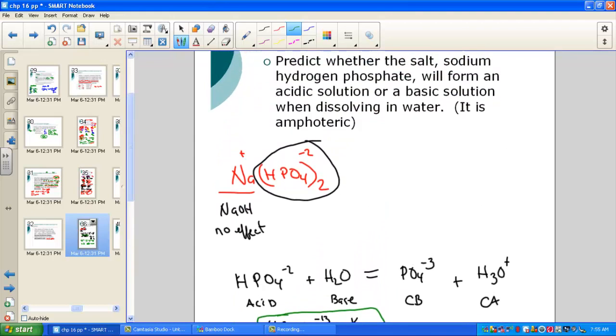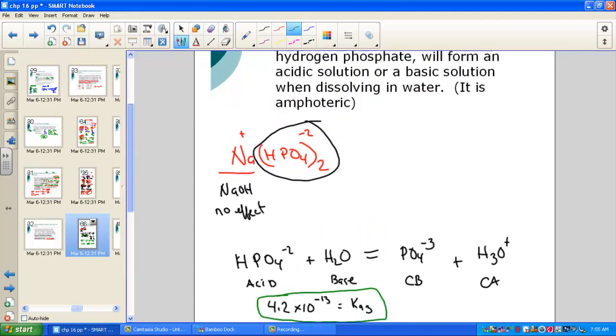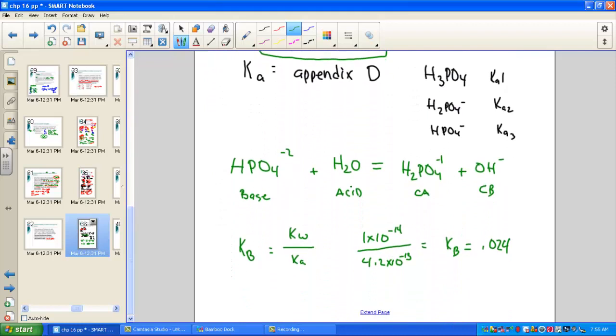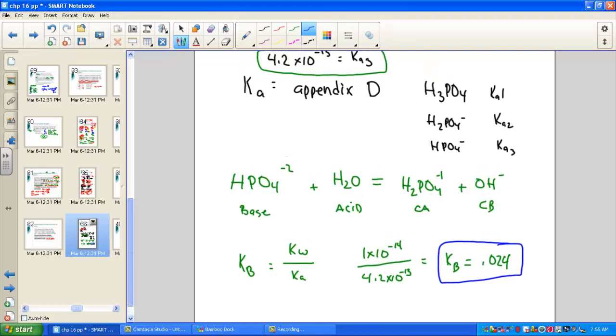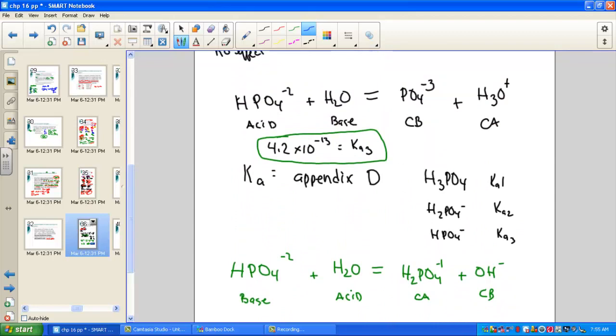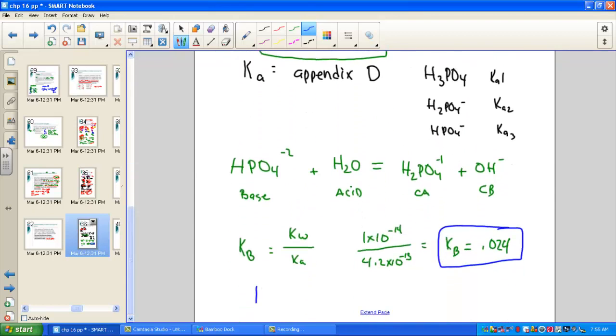So we're being asked which one of these is the more dominant equation. Which one will it work? Will it be an acidic solution or will it be a basic solution? And the answer just lies in the magnitude of the K constants we found. If we compare the Kb value, 0.024, with the calculated Ka value here, 4.2 times 10 to the negative 13th, clearly you see the Kb is significantly larger than the Ka value.